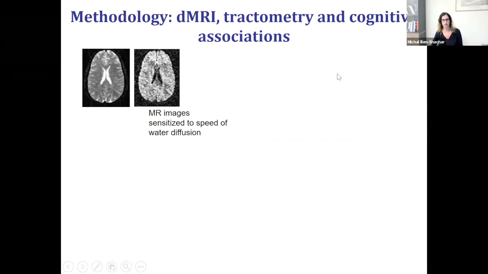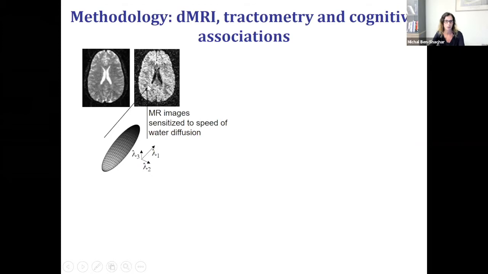To get started, I want to mention that the methodology we'll use throughout the talk is diffusion MRI. This is probably familiar to most or all of you, but I'm just going to mention very briefly, we acquire images with an MRI scanner sensitized to the speed of water diffusion.